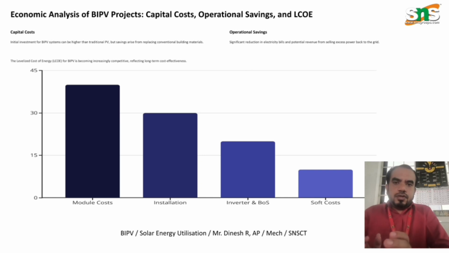The main purpose of BIPV is to give energy to our building and to improve the overall aesthetic look. Whenever we use any solar system, not only BIPV, the initial cost will be higher, but over a long time, considering maintenance and overall efficiency, we will get more benefit than the traditional method.